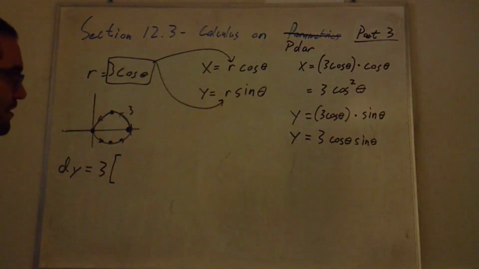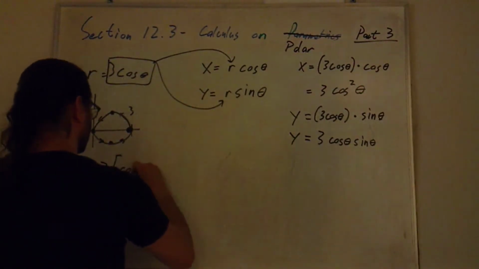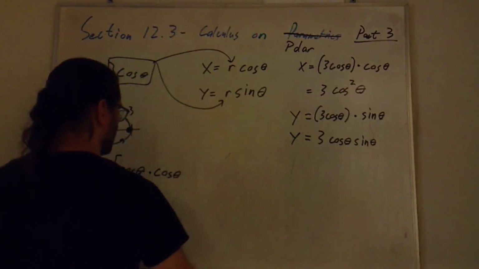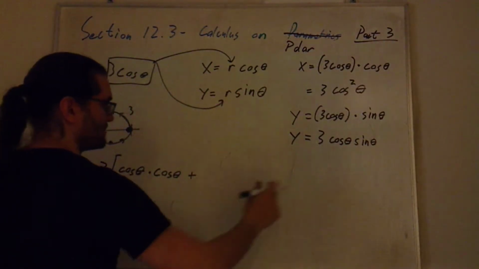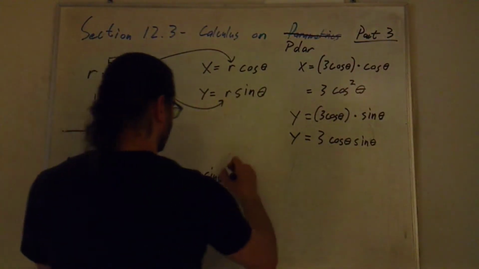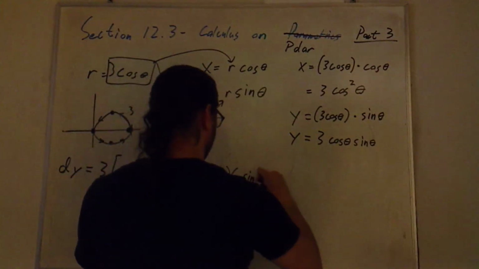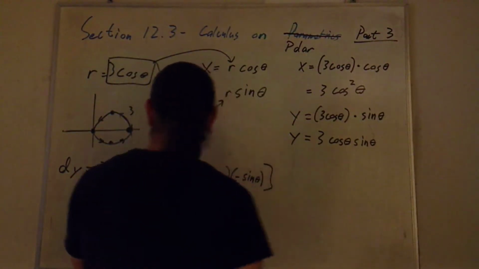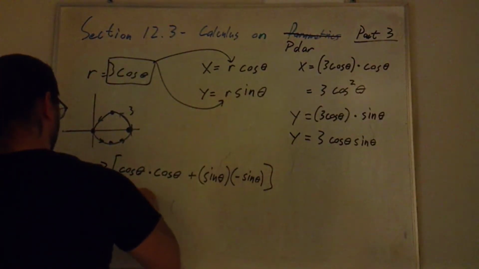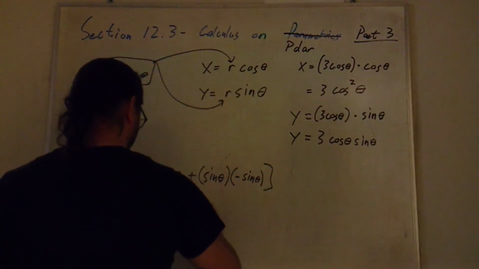The derivative of cosine theta sine theta should be first times the derivative of the second, so that's a cosine times a cosine, plus the second is a sine times the derivative of the first. Derivative of cosine is a negative sine. So this will be 3 cosine squared theta minus sine squared theta.